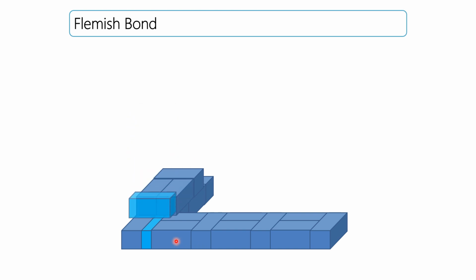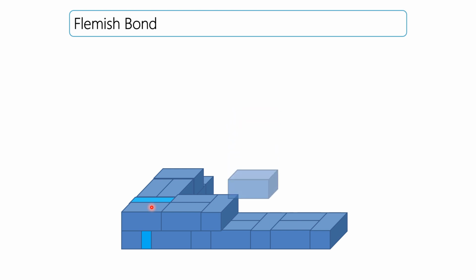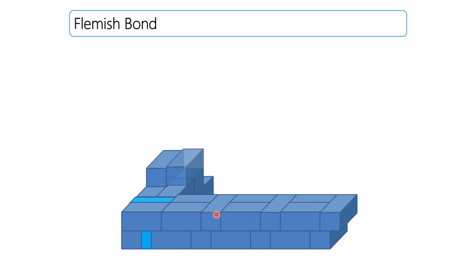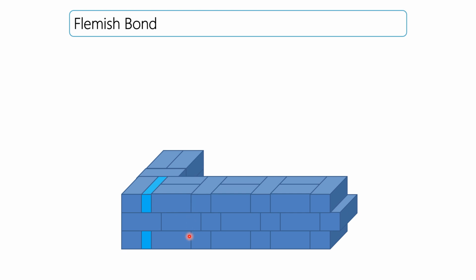Here you can see a bat is already provided in the previous layer, and in the second layer the bat is also provided. Here you can see two stretchers, one header, two stretchers, one header, two stretchers, one header. In one layer both positions are used, and with the bat provided, you will also see the joints are at alternate positions. This is called Flemish bond.